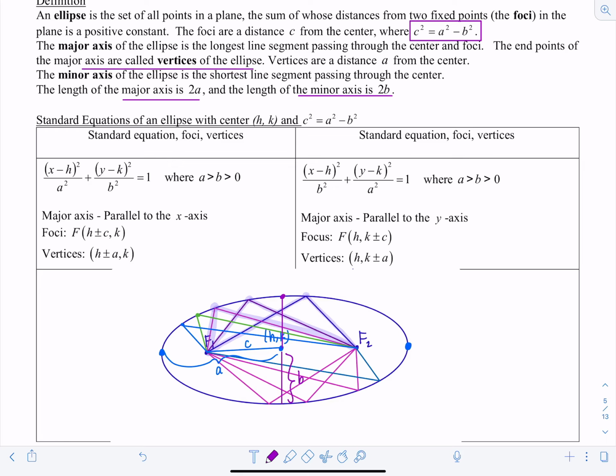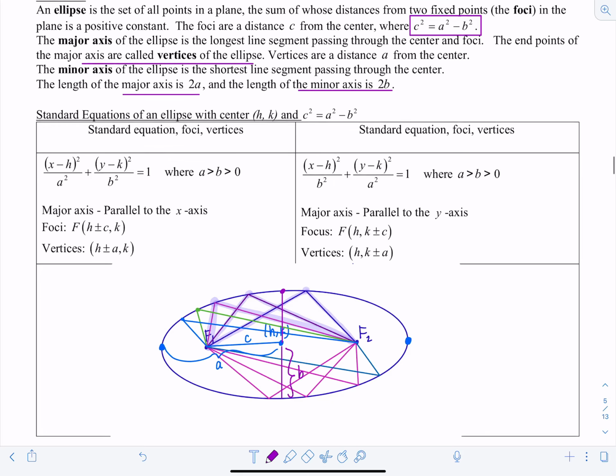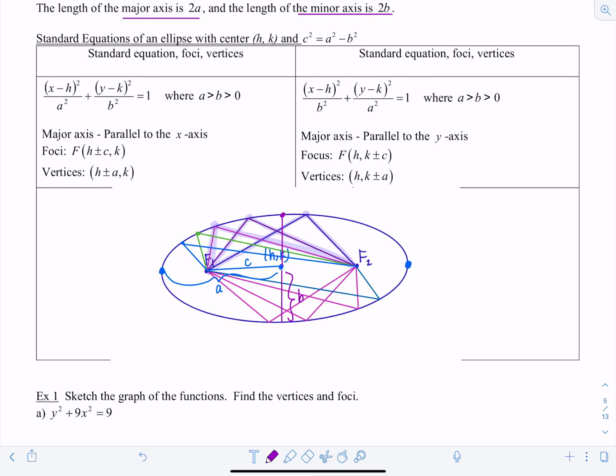Okay, now standard equation: you're going to always have the equation of your ellipse equal to 1. You have to complete the square for x and y. We still use h and k for the center, and then a squared and b squared are going to be underneath x and y. You could either have a squared under (x minus h) squared if your major axis is parallel to the x-axis.